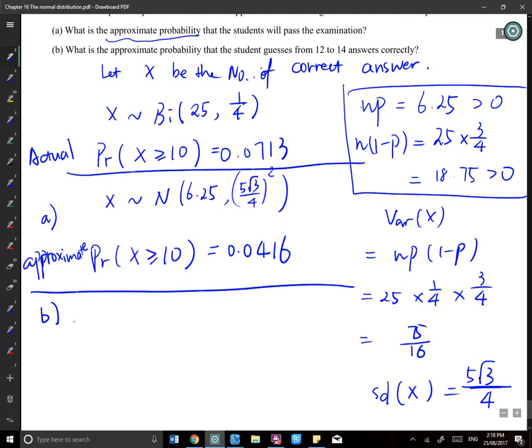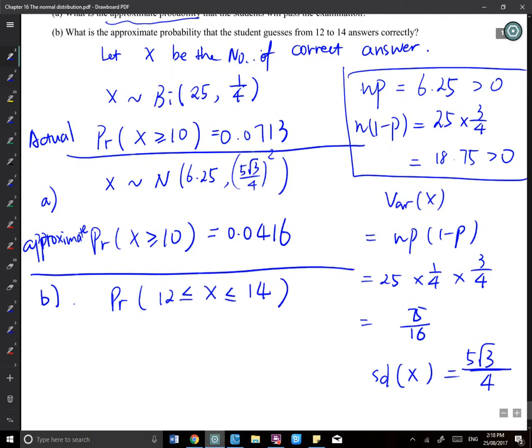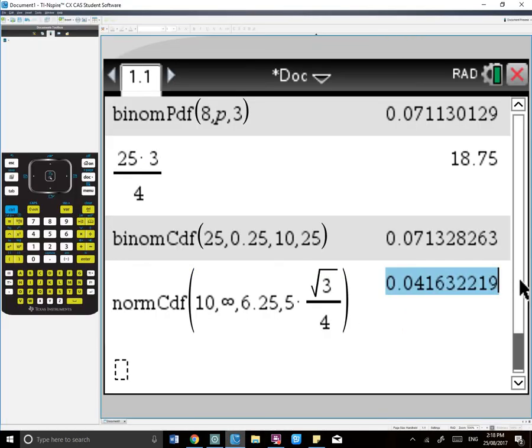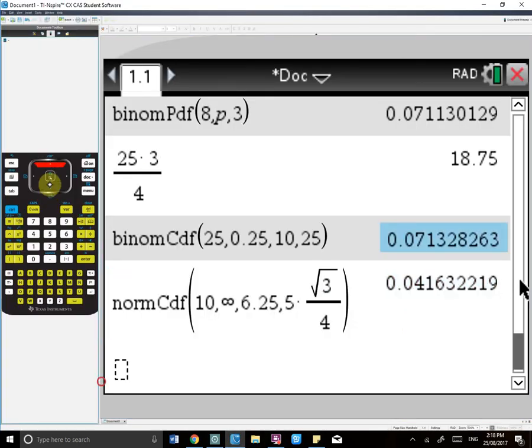Answer for B: what is the approximate probability that the student guesses from 12 to 14 answers correct? So I want the probability of 12 to 14 correct. Again, you use normal approximation.